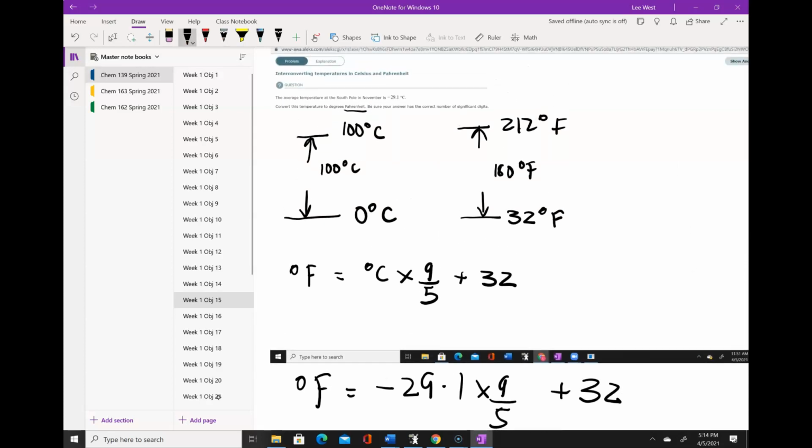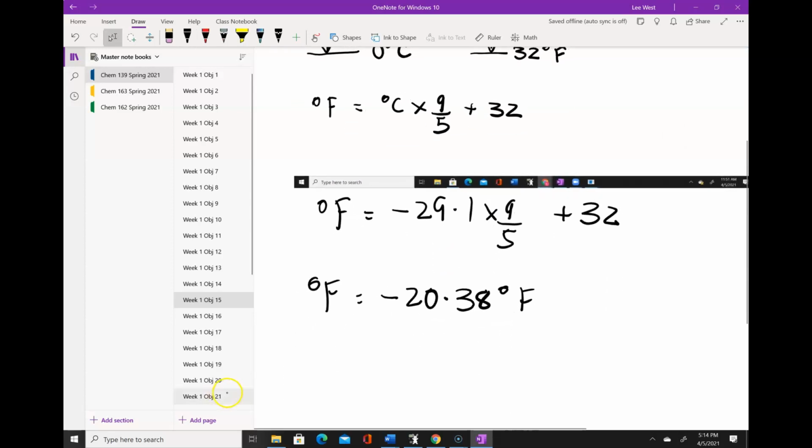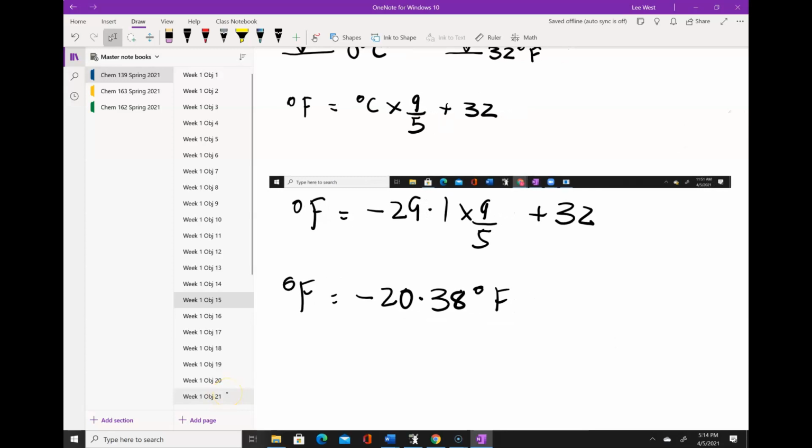Now let's think about our units here. It says be sure your answer has the correct number of significant figures. So the important thing to recognize here is that the original data was given to 0.1. The 9/5 here is what we call an exact number, and so is the 32. It is also an exact number.